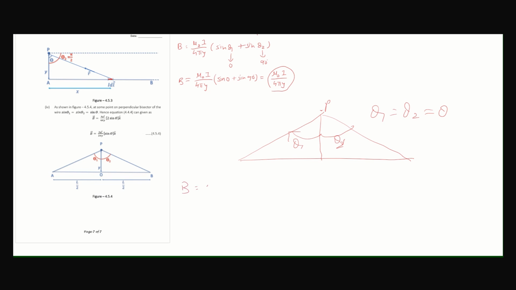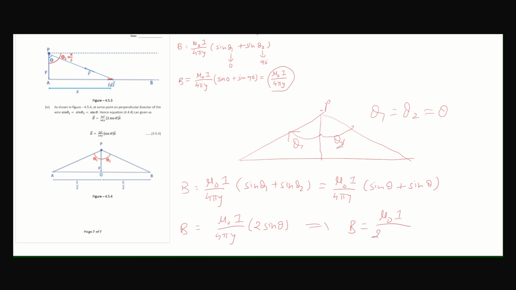And then B is equal to mu 0 I by 4 pi y, if I write with sine theta 1 plus sine theta 2 in bracket. Now I don't need to write theta 1, theta 2, and then it is simply sine theta plus sine theta, that is 2 sine theta, and then B is mu 0 I by 4 pi y with 2 sine theta, that is B is equal to mu 0 I upon 2 pi y with sine theta.